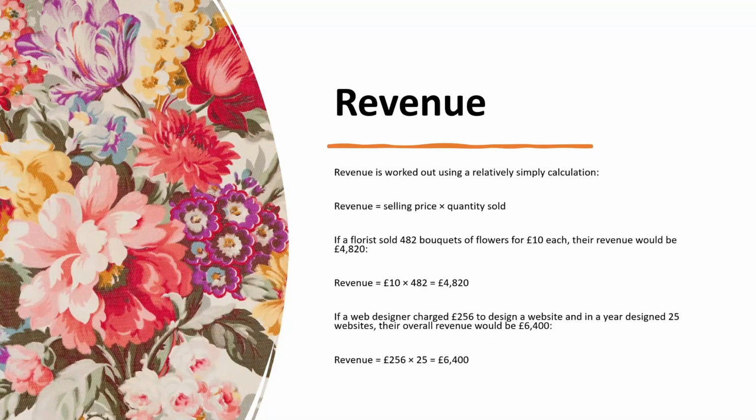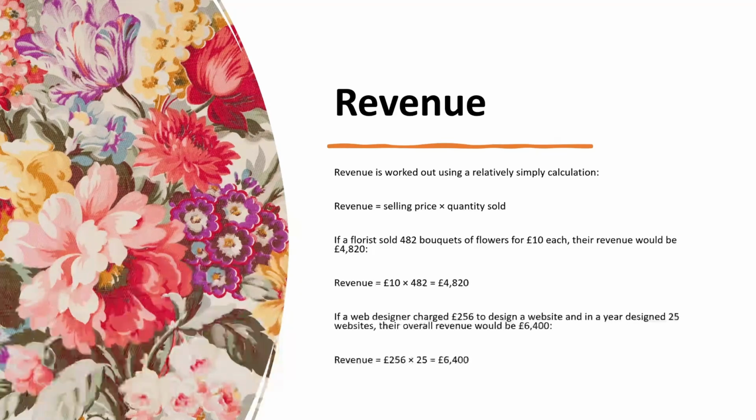Revenue is worked out using a relatively simple calculation. So revenue equals selling price times quantity sold. Okay, so let's put that into an example. If a florist sold 482 bouquets of flowers for £10 each, their revenue would be £4,820.